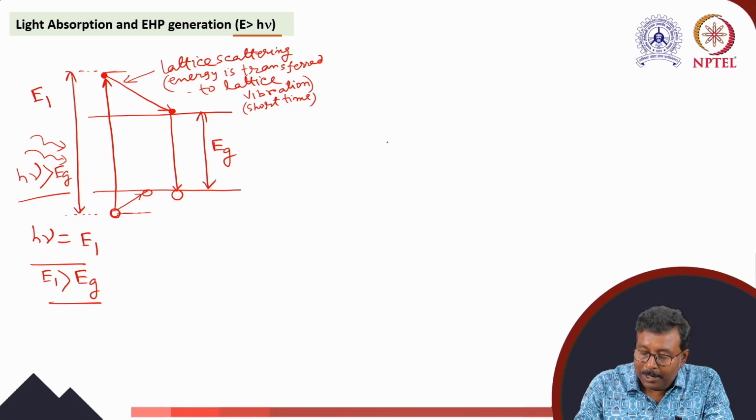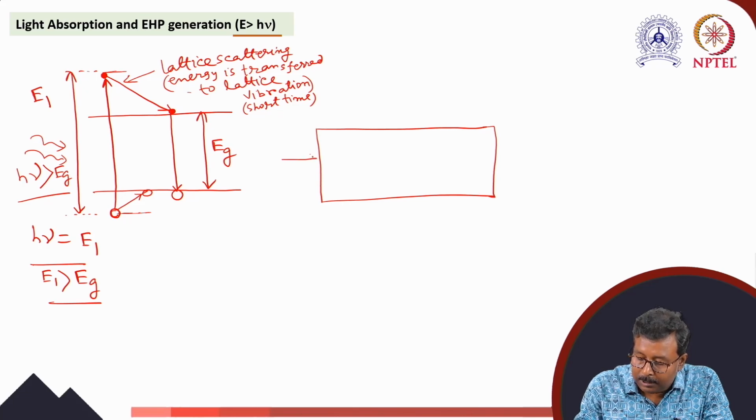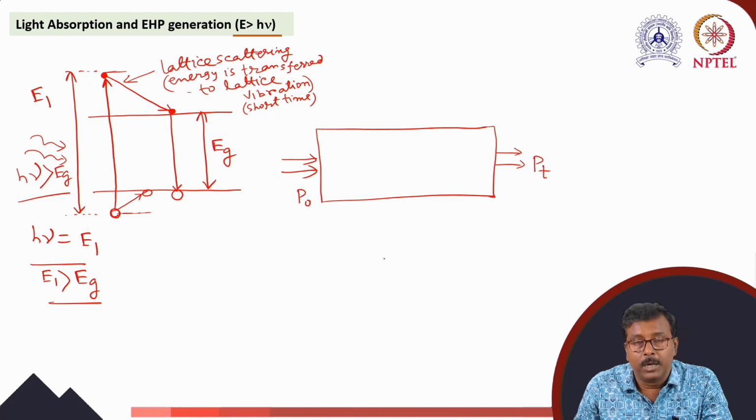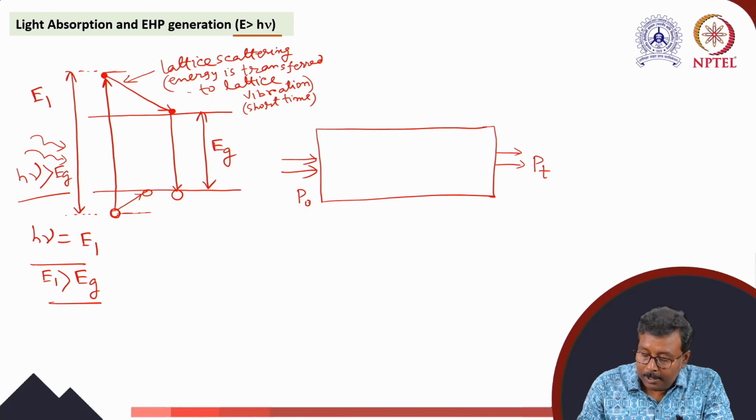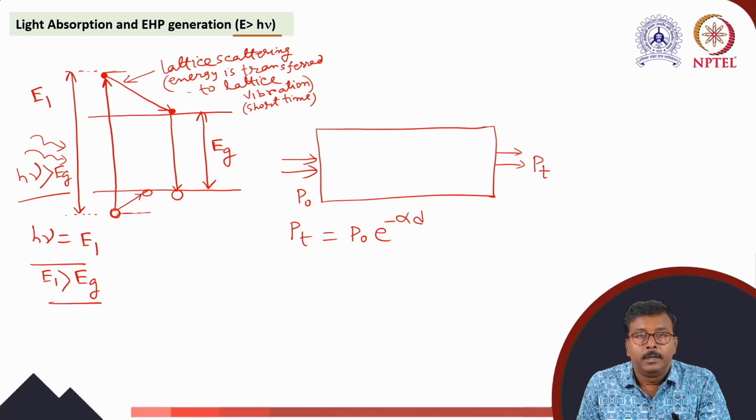Now suppose you have a semiconductor bar with incident energy, say P0, incident power. Power is joule per second, or watt, and the transmitted power is PT, in watt. If the incident power is P0, then PT, the transmitted power, will be P0 e to the power minus alpha d, which I have already discussed.